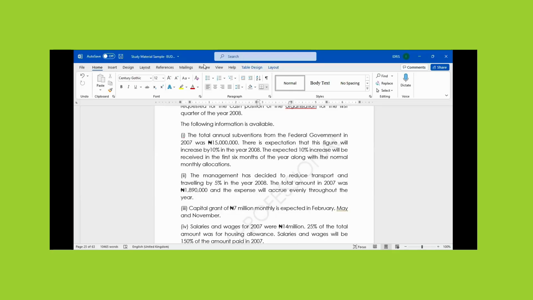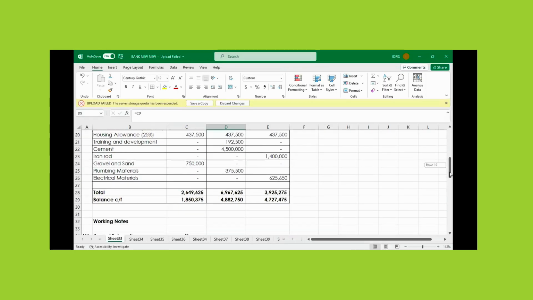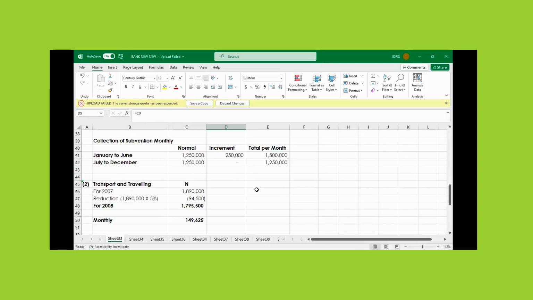So how do we get it? In my solution, working note 2, transport and traveling for 2007 is 1,890,000. I now put a reduction of 5% of 1,890,000. I bracketed it. That means how much will I spend in 2008?